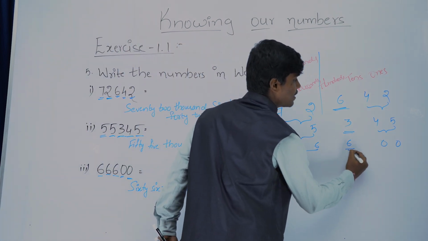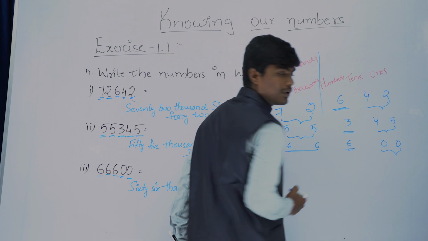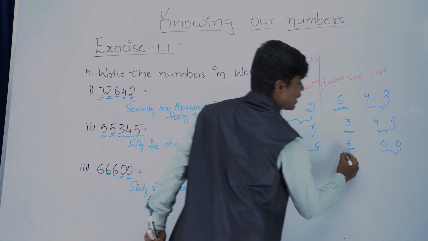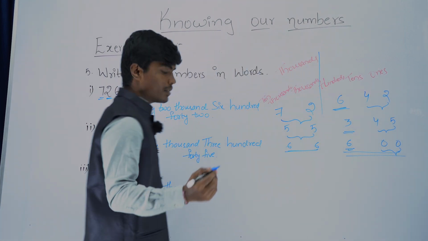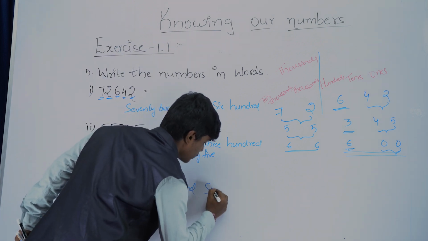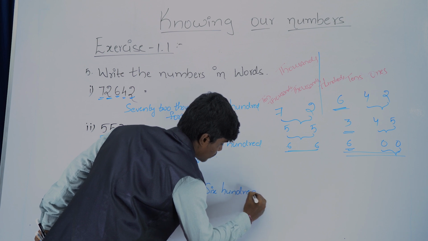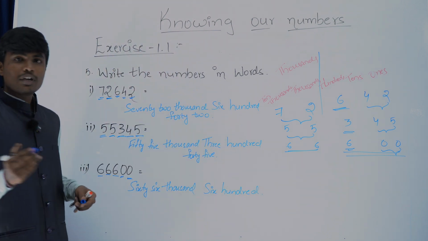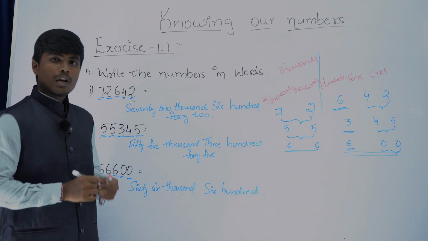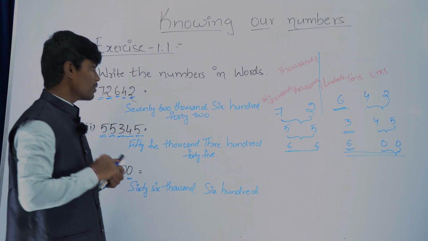Here we have 600, and in tens and ones we have 0, so combined we write 600. In your textbook you have one more problem. Now try to solve it by yourself.